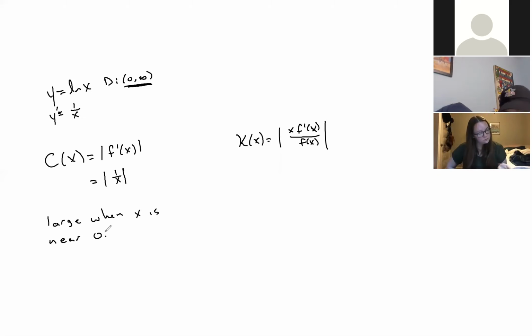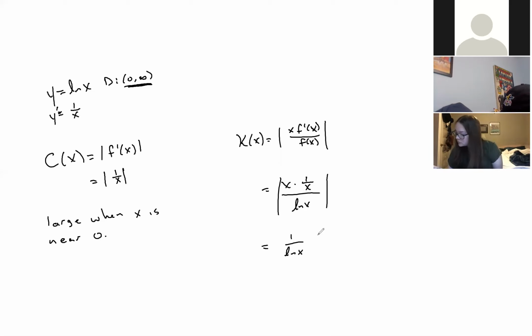The relative condition number, here we would have x times 1 over x divided by the function itself, which is natural log of x. So you're left with just 1 over natural log of x.